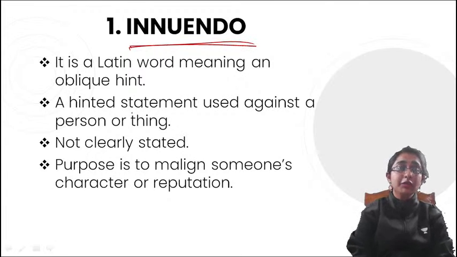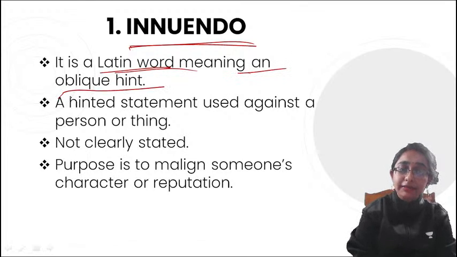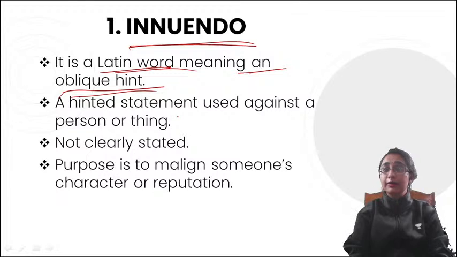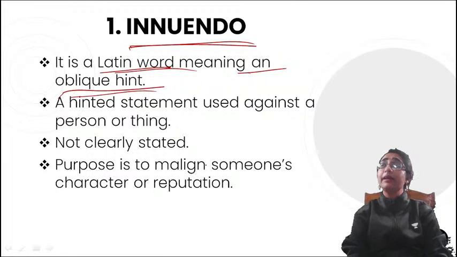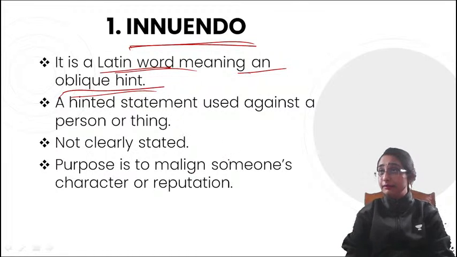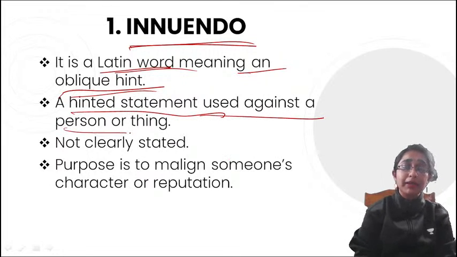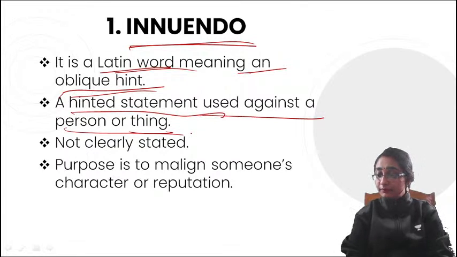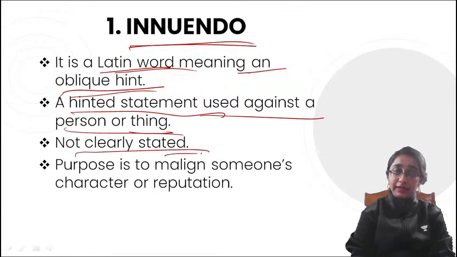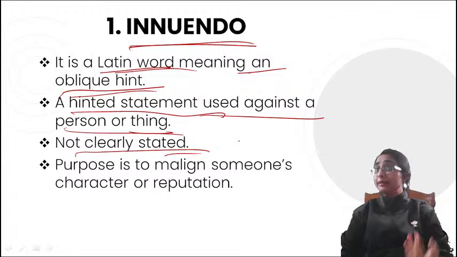What is innuendo? Innuendo is actually a Latin word which means an oblique hint. So it is a figure of speech based on hinting. A hinted statement is used against a person or a thing. It is not clearly stated. Nothing is clearly stated; it is only hinted.